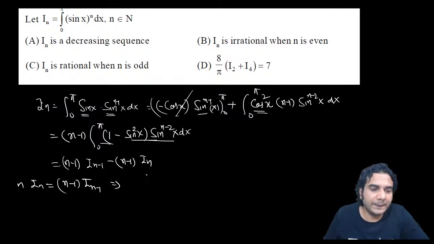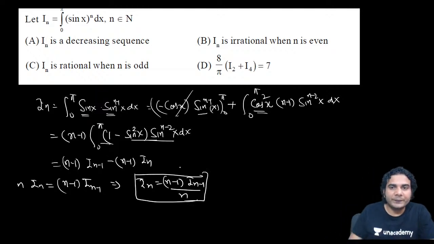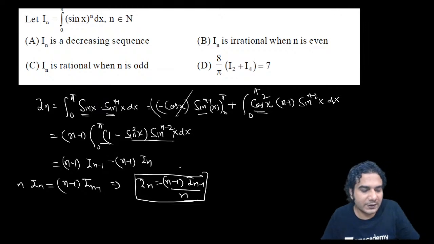So now you can see I_n can be written as n minus 1 times I_(n minus 2) divided by n. So at least you can now tell us whether it is decreasing or increasing sequence, because he's asking whether the sequence is decreasing or increasing.